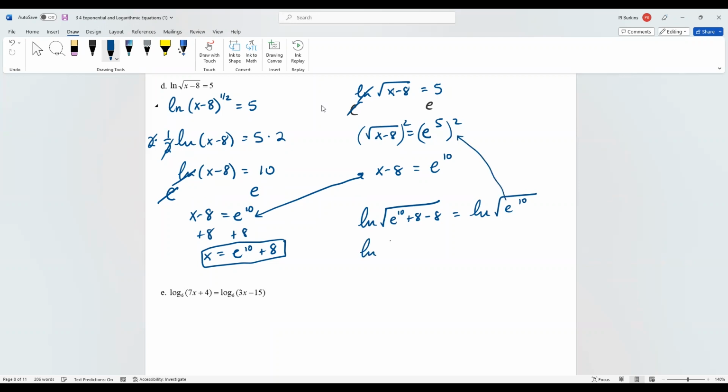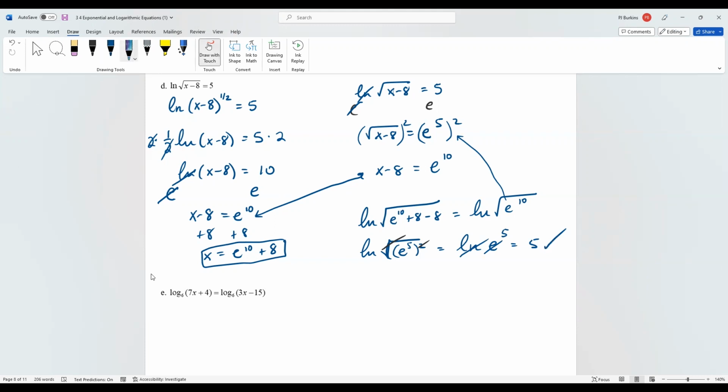So that's square root of e to the 5th squared, and square root and squared are inverse functions, so they cancel, and I get natural log of e to the 5th, and natural log and e are inverse functions, so I just get back 5. So it looks like that does work.